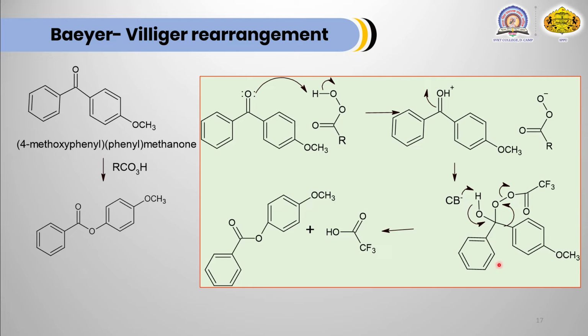This is the phenyl ring, and this is another phenyl ring containing the OCH3 group. Because of high electron density, this group migrated, and there is formation of ester, and another side product is obtained, that is trifluoroacetic acid.